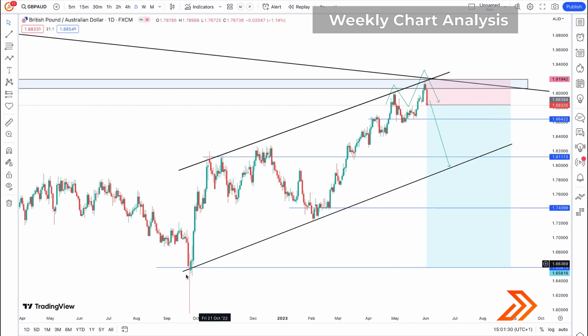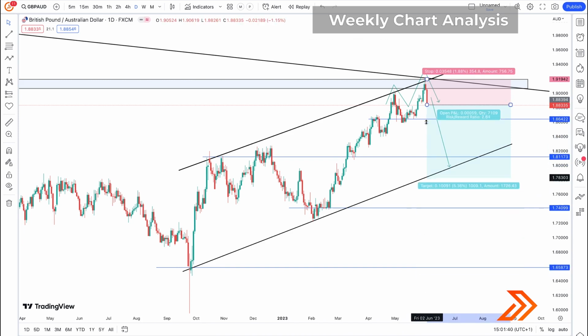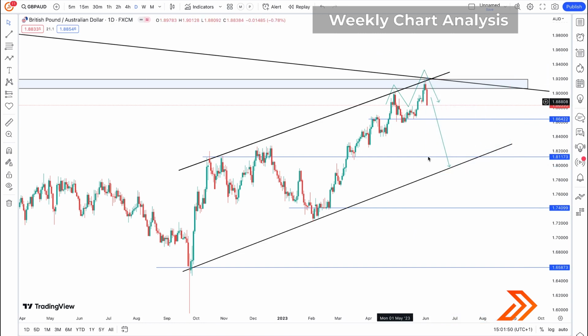This is the first bounce here, second bounce here, and this could be a third bounce that could play out on the GBP AUD. Within that movement, this is over 884 pips on the daily time frame. All right, guys. So that is that on the GBP AUD for this week, that should be what I would be looking for on GBP AUD for this week.